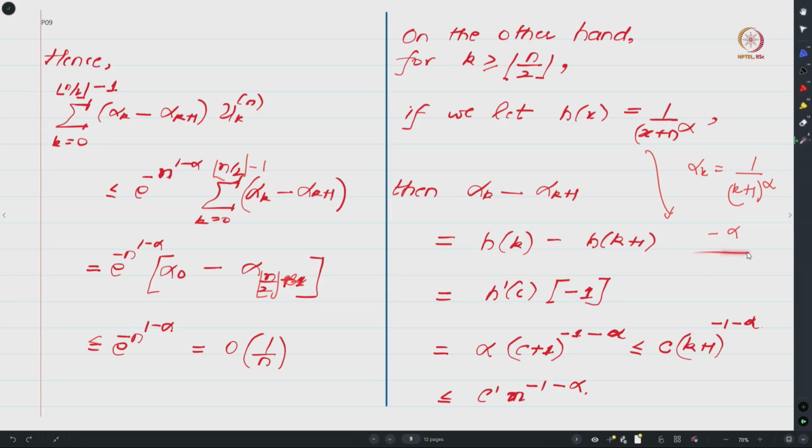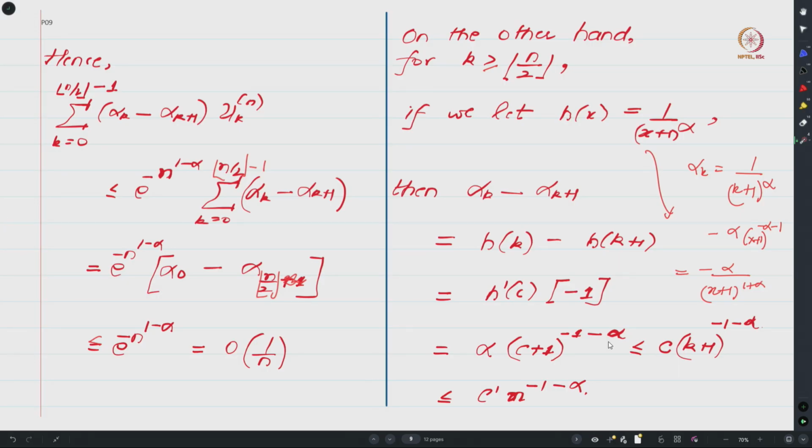Okay, so this is minus alpha times x plus 1 raised to minus alpha minus 1, which is like minus alpha over x plus 1 raised to 1 plus alpha, which is exactly what I have written over here, right. So h prime c is minus alpha, that minus alpha and this minus 1 make it a plus, hence we end up with alpha times c plus 1 raised to minus 1 minus alpha, right.